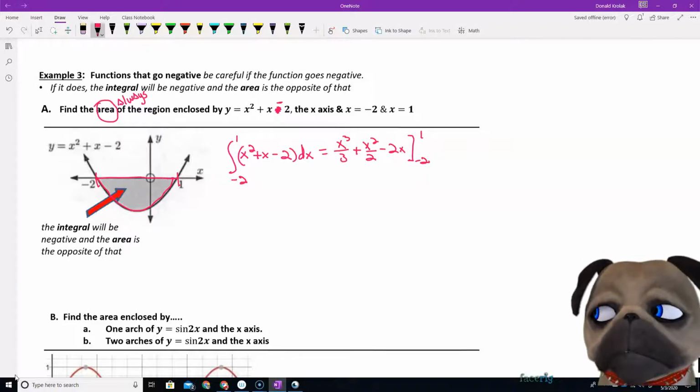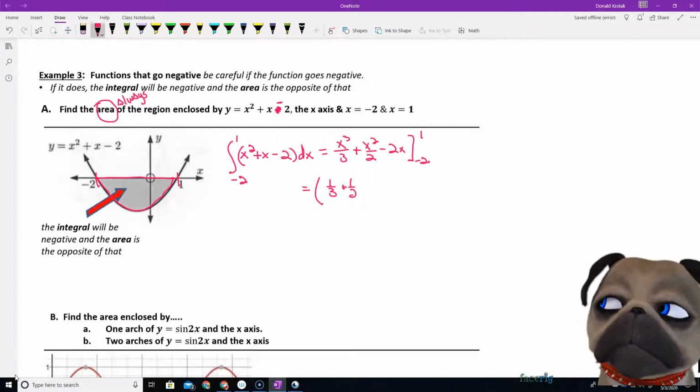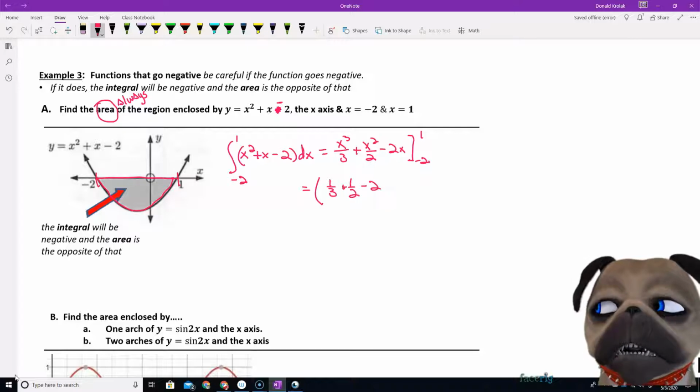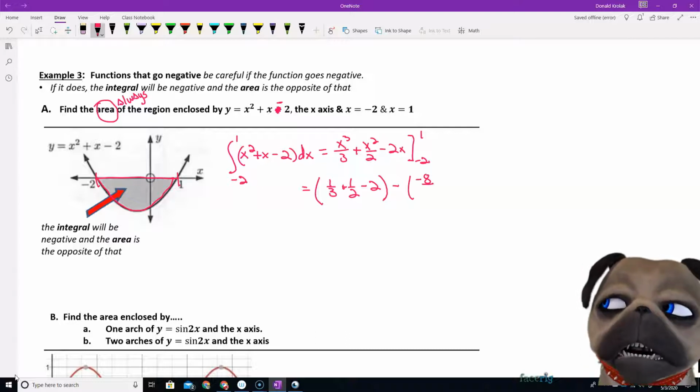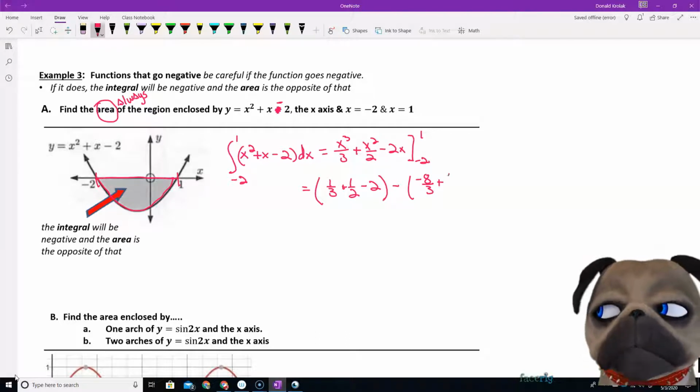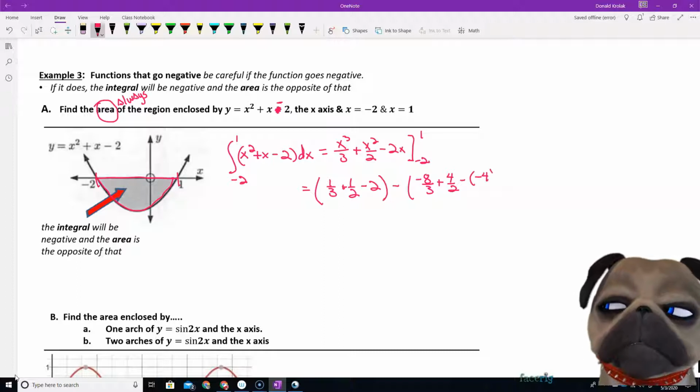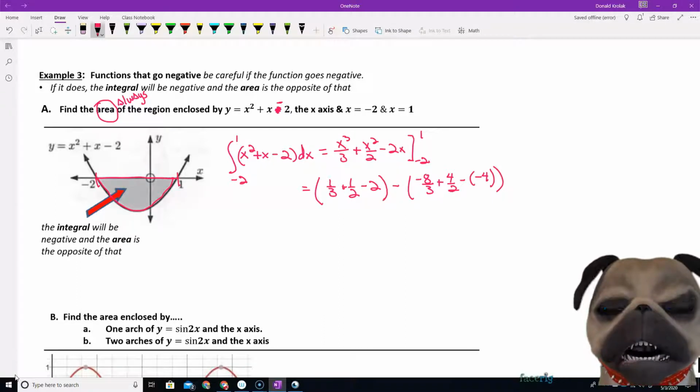Okay, so we substitute in 1, you get a third plus a half minus 2, minus, plug in negative 2, negative 8, positive 4 over 2, minus negative 4. So plus 4 there.